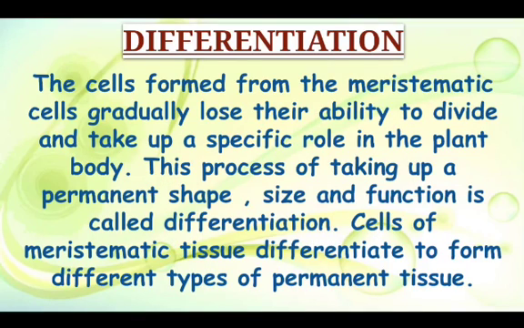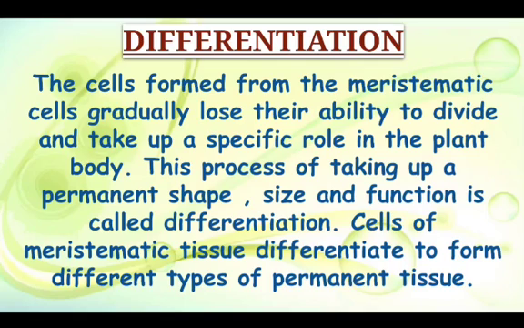Let's see the differentiation. The cells formed from the meristematic cells gradually lose their ability to divide and take up a specific role in the plant body. This process of taking up a permanent shape, size, and function is called differentiation. Okay, let's see what is differentiation.